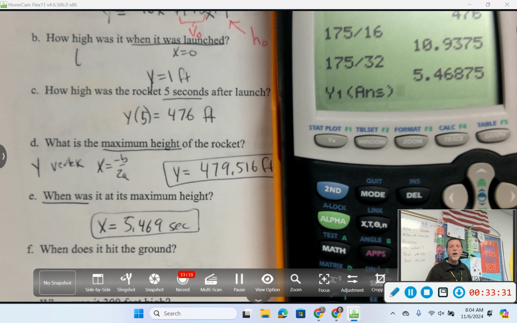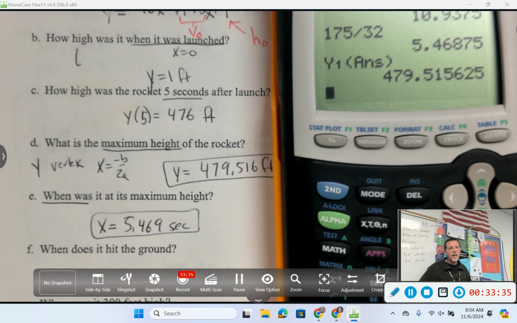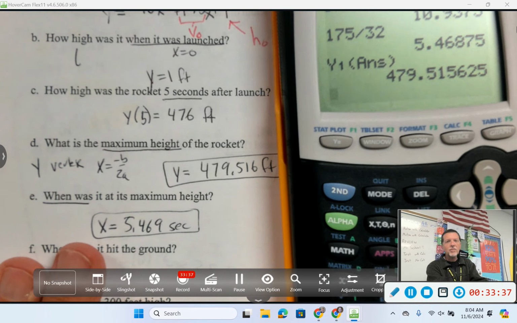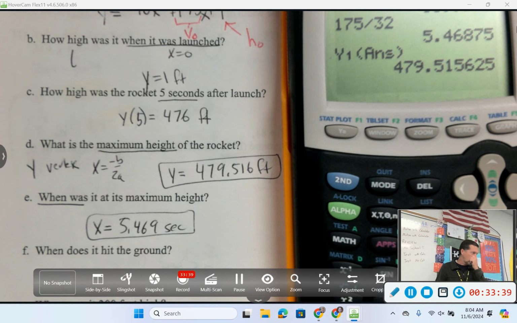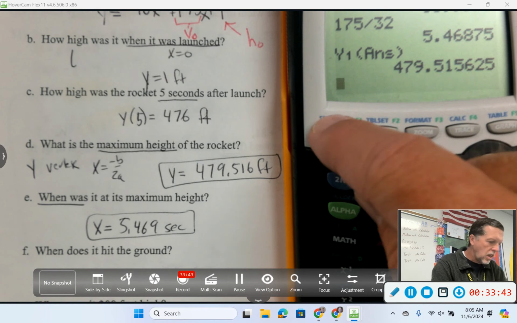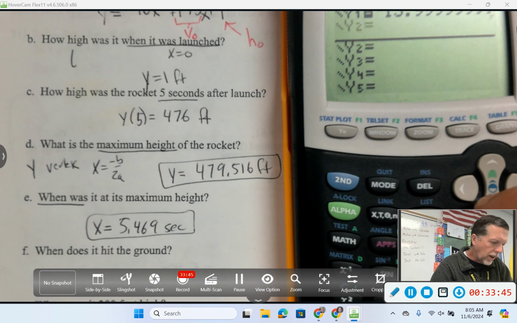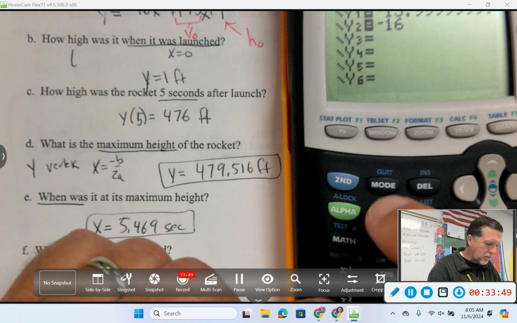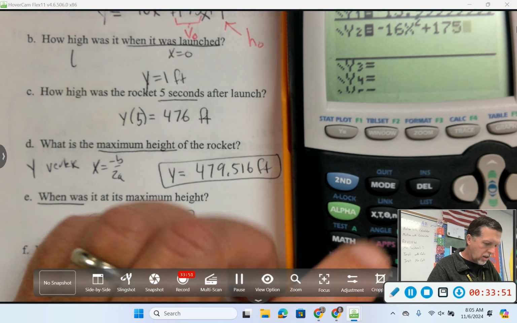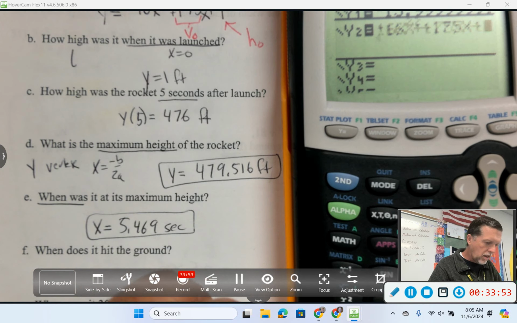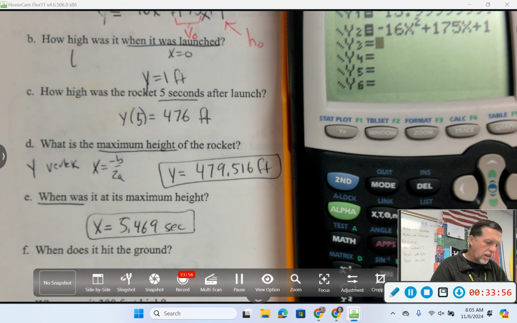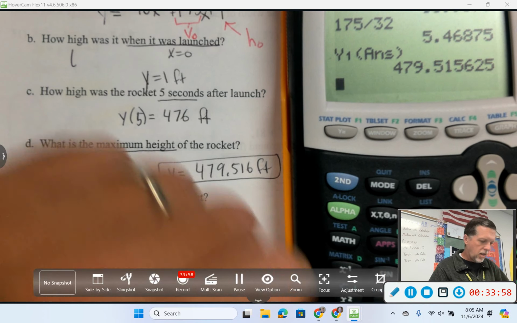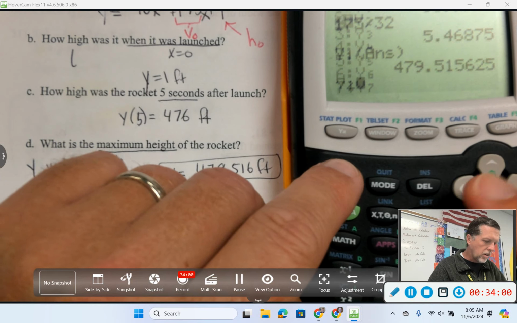Find the y value at 5.46875. That's 479.516. So to the nearest 3 decimals, I'm still good. Although I guess I put mine in as mine has all the decimals. I can't imagine it matters. Y-Vars, Y2.